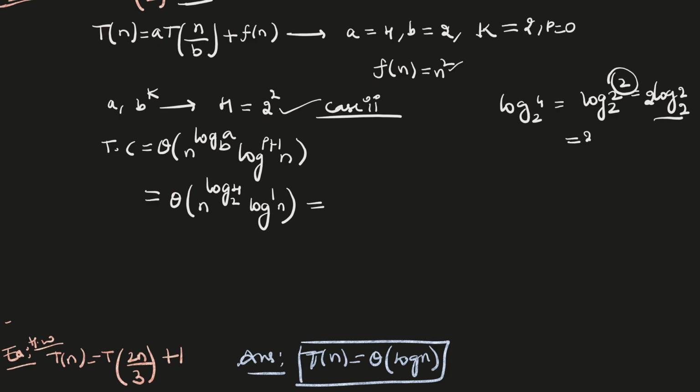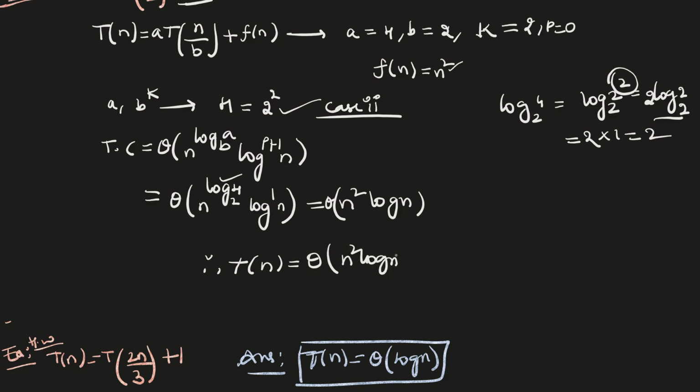Log 2 base 2 value is 1, so this is 2 into 1 equal to 2. So this value would become 2, so n square into log n. Therefore, T of n would become theta of n square log n. So this is the value.